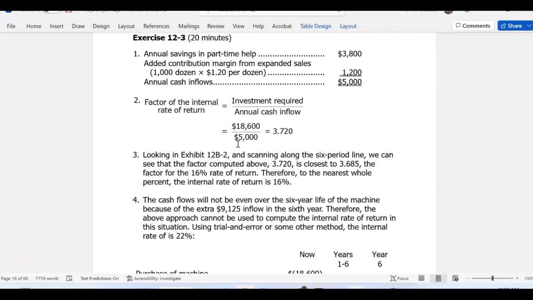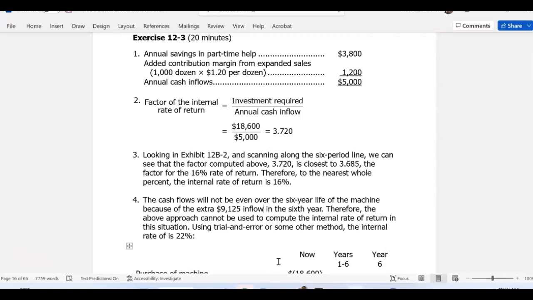That means the investment is 3.72 times bigger than the annual cash flow. Okay, now we're going to see what annual interest rate of return 3.720 translates to.